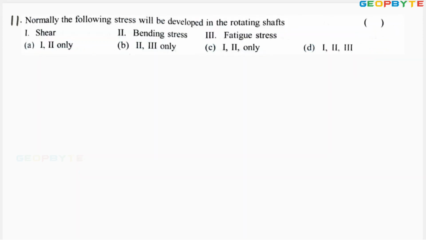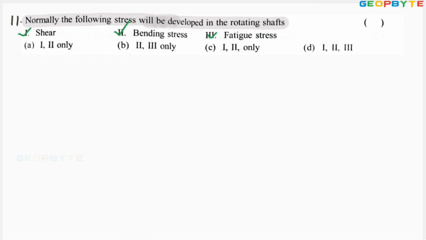Look at the next problem. Normally, the following stress will be developed in the rotating shafts. 1. Shear stress. Yes, shear stress is developed due to torsion. Bending stress. Yes, bending stress also developed due to bending moment.